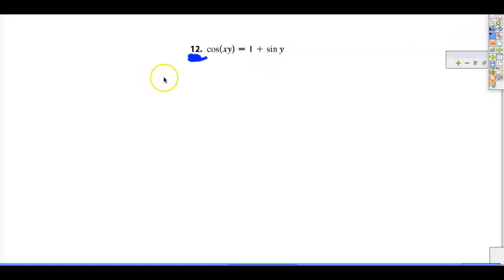You don't need to do this, but for practice, we're taking the derivative with respect to x of cosine of xy, and then the derivative with respect to x of 1 plus sine y.